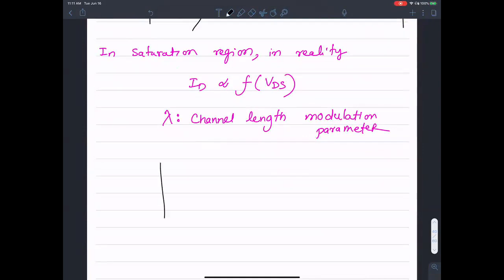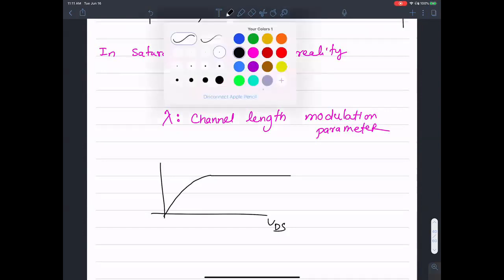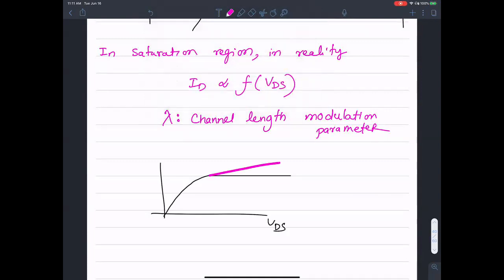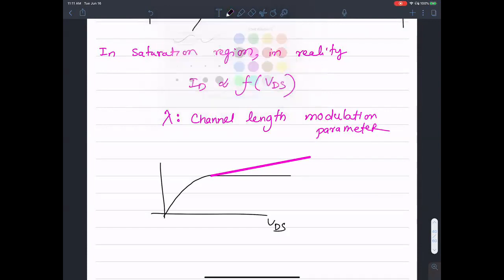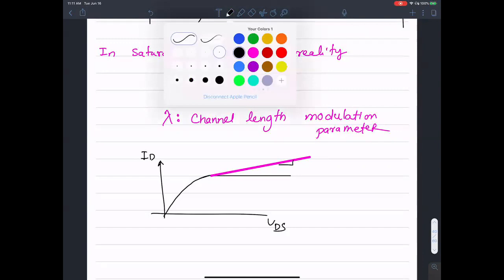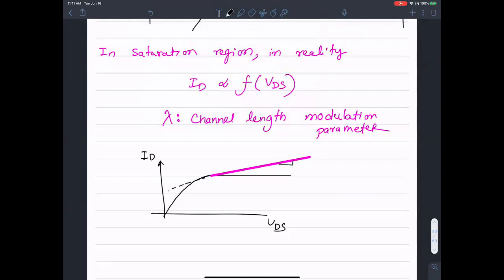And therefore, if you were to plot ID versus VDS, there is the linear region, here is the assumed operation. But in reality, because of channel length modulation, there is going to be some linear dependence. If you were to extrapolate this line all the way to the origin, it meets at what is known as the early voltage, or 1 over lambda.